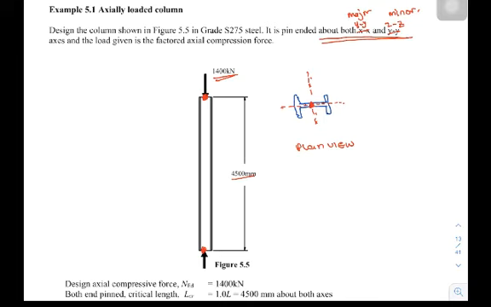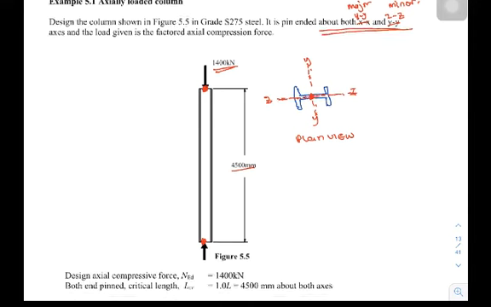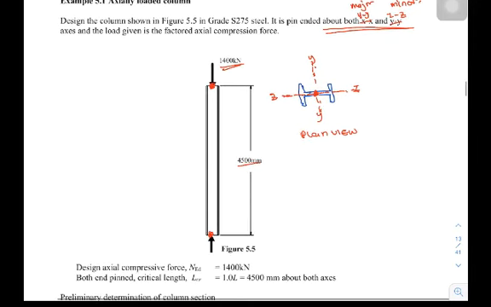So in this case, that axis here is considered to be the z axis, while this one here is the y axis. Since the column is a bare column, there is no restraint at both axes, so definitely it will fail at the minor axis, which is the z axis.